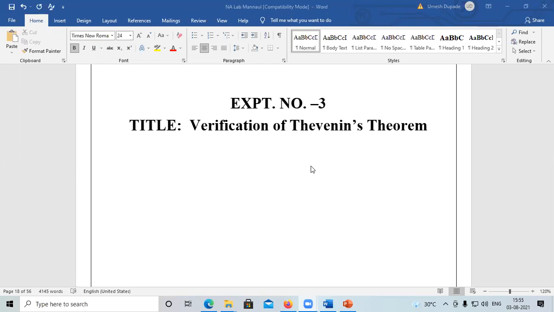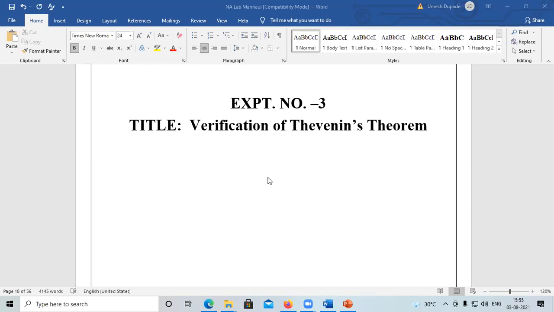So Thevenin's theorem states that any two terminals of a network can be replaced by an equivalent voltage source in series with an equivalent resistance. This equivalent voltage source is nothing but Thevenin's voltage VTH, and the equivalent resistance is nothing but Thevenin's resistance RTH.